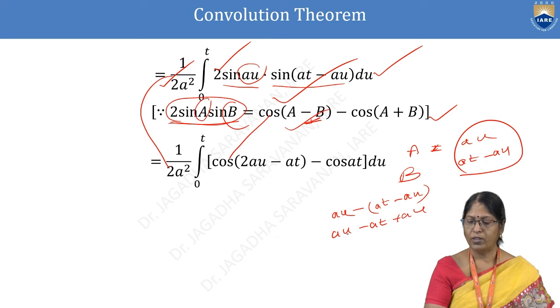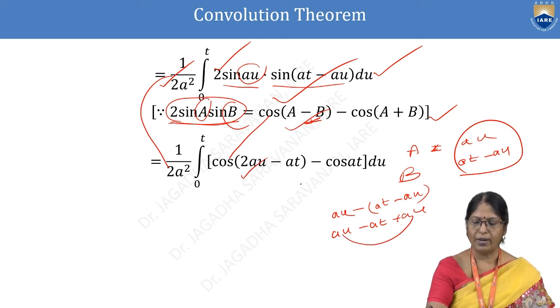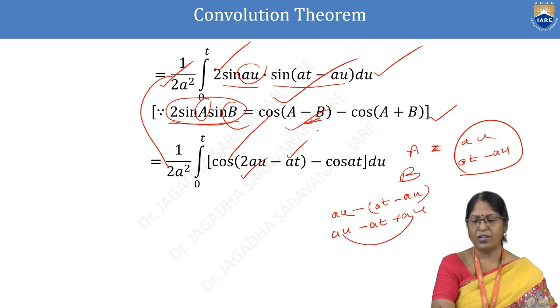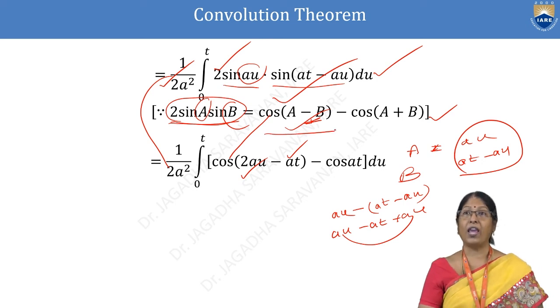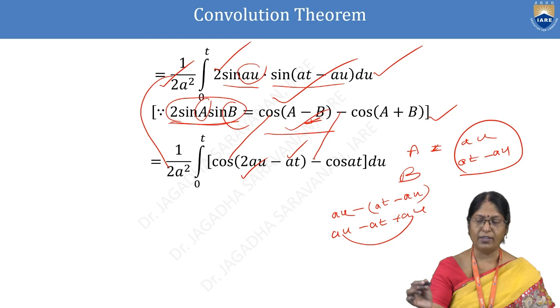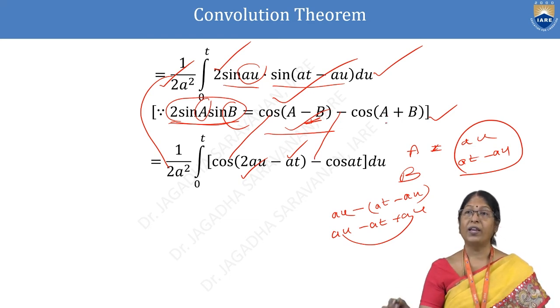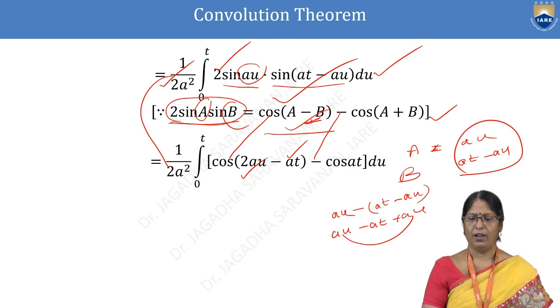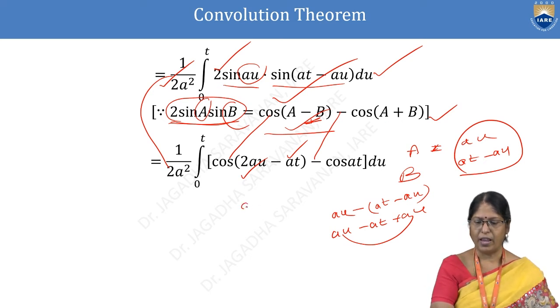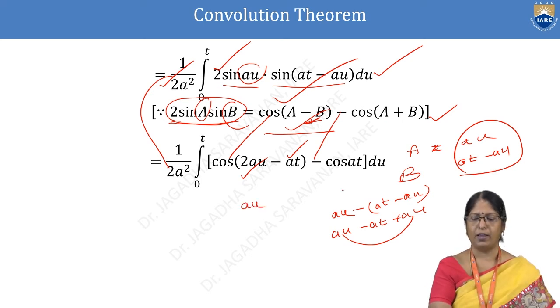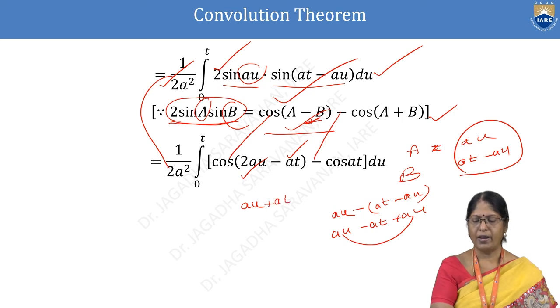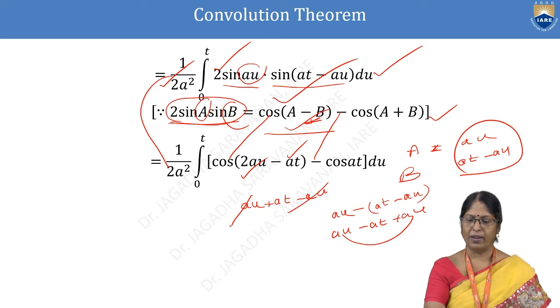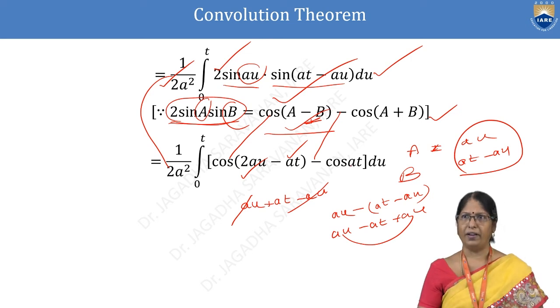So now this is 2au minus at. So the first one, cos of A minus B, we completed. This minus sign is as it is. Next, cos of A plus B. Our A is au plus B, at minus au. This gets cancelled. The balance is cos at.